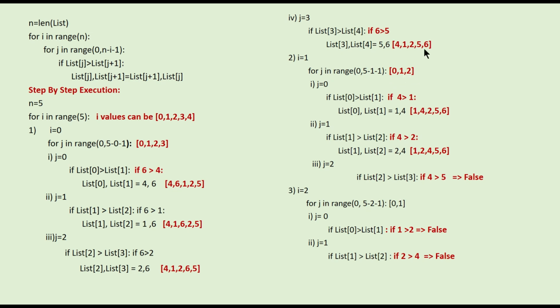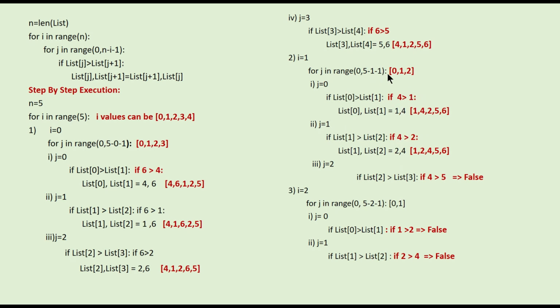So there are only 4 unsorted elements. 6 is already in a sorted position. So for the remaining 4 elements to be compared, only 3 comparisons are enough. So here I am reducing the comparison by 1, that is, only 3 comparisons. I am repeating the same task once again.